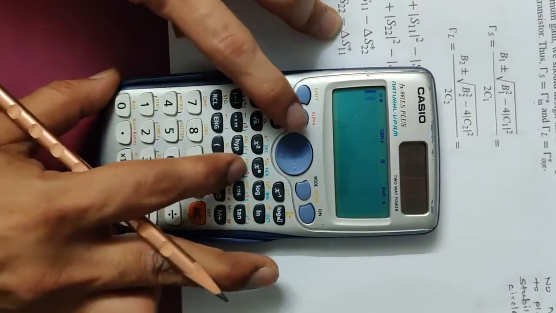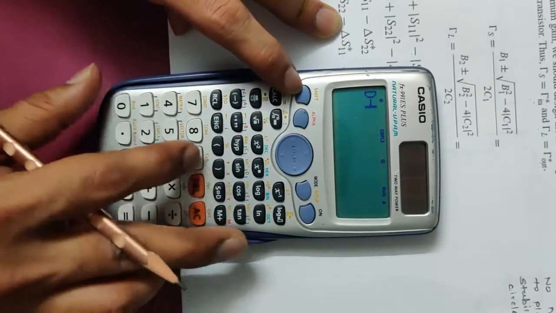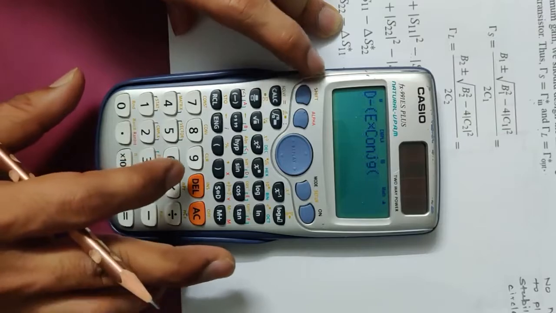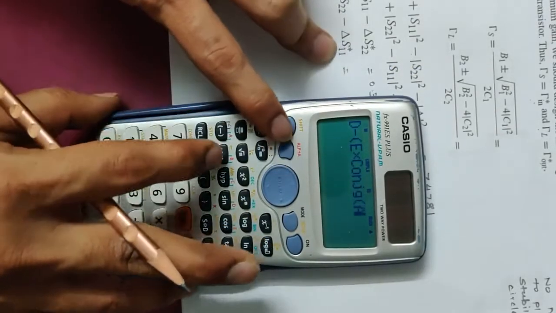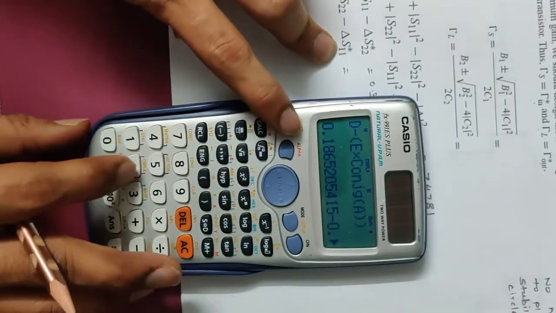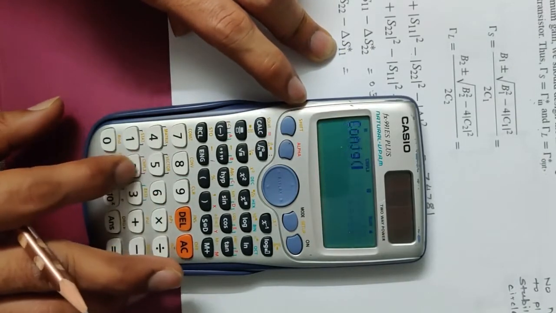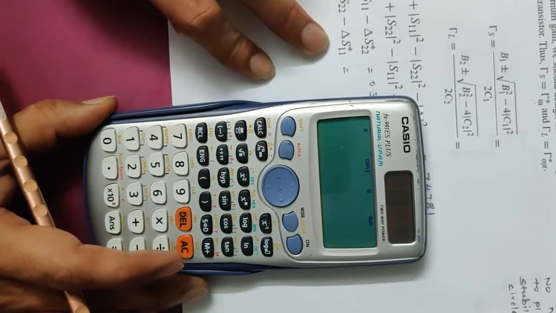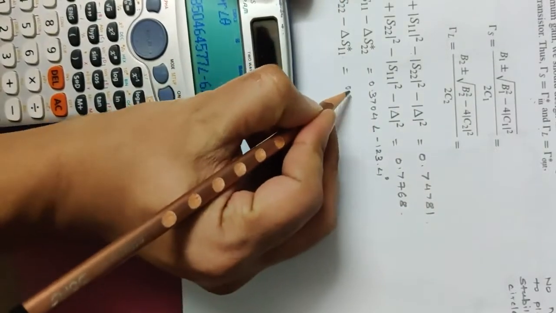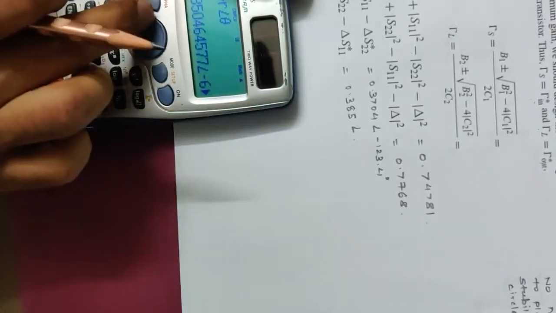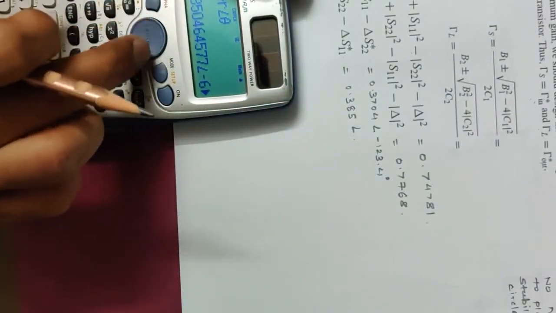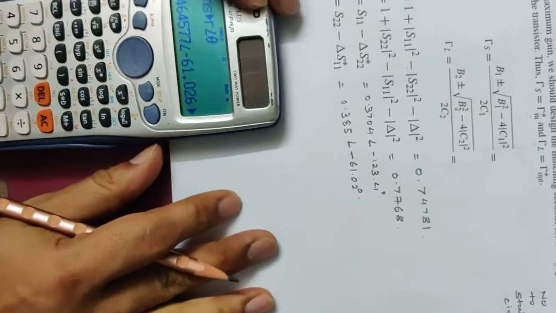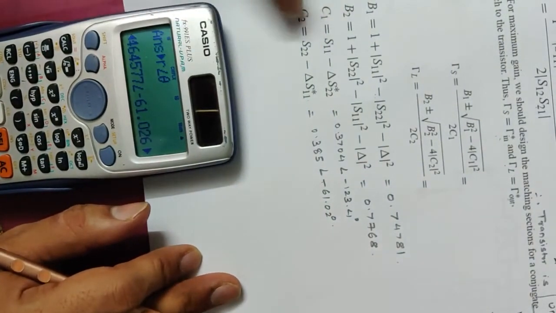So alpha D minus bracket for E into 2 conjugate of S11 star is nothing but A, and convert it into polar format. Get answer as 0.385 and angle is minus 61.02. So we have calculated B1, B2, C1 and C2.